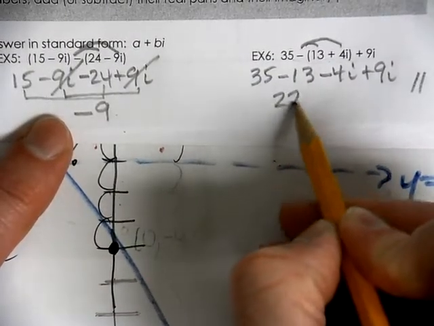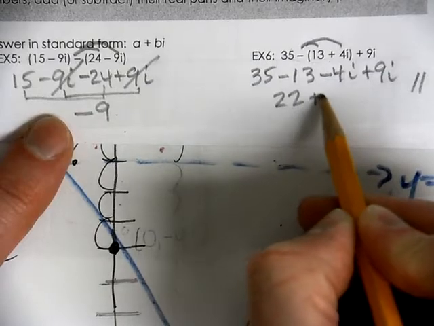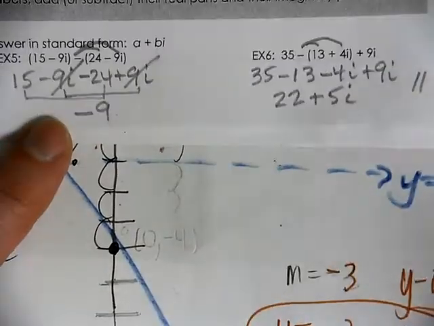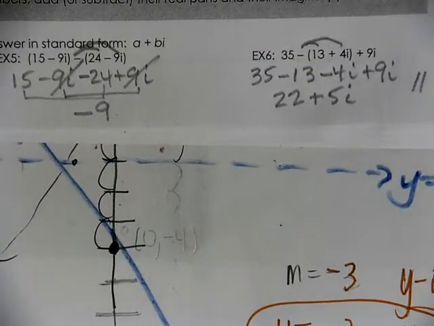So this is going to be 22, and this is going to be positive 5i. We're all set. No parentheses. You don't distribute the 35, you only distribute the negative.